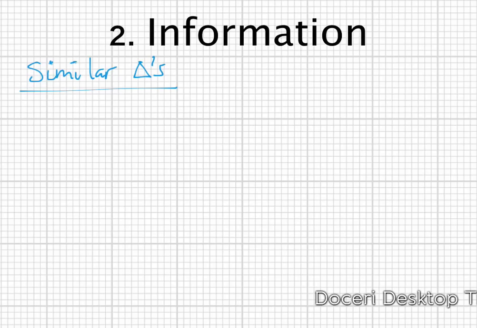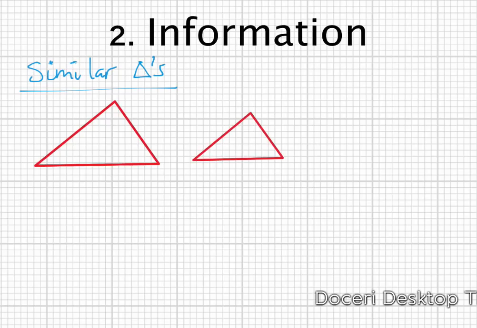All we need is two angles. So if I have the following two triangles, I've got this first one, and this second one here. I'm going to label them ABC and DEF. Okay? If I know angle A is congruent to angle D, and angle C is congruent to angle F, I know that the two triangles will be similar.